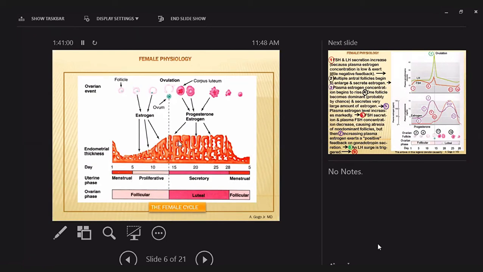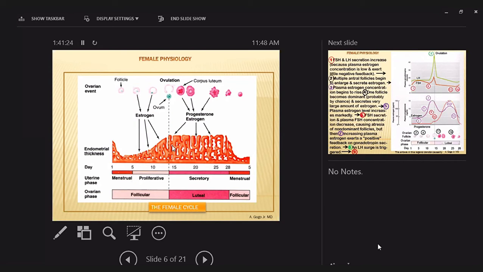And it is being implanted in the endometrium of the uterus. This is already thickened. This is being prepared. At this time, progesterone predominates more than your estrogen.